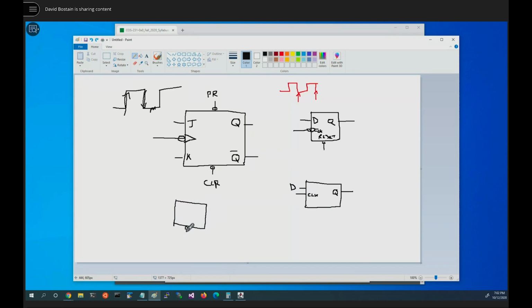Actually, I don't want to use that. You all don't know about that yet. That says CLR. This says CLK.